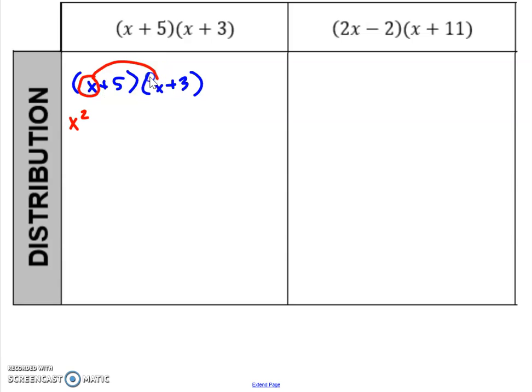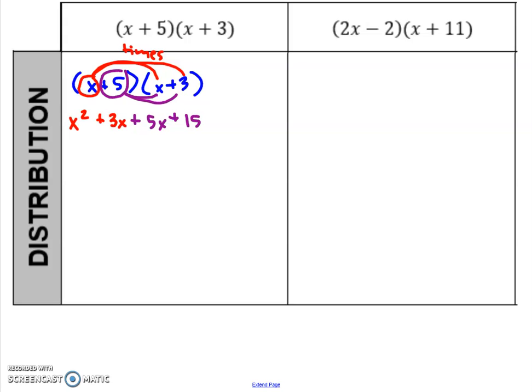Remember, add the exponents. Multiply x times 3, which gets me 3x. Remember this is multiply, so times by everything. I've multiplied the x, and now I go to this 5 and do the same thing. 5 times x is 5x, and then 5 times 3 is 15.